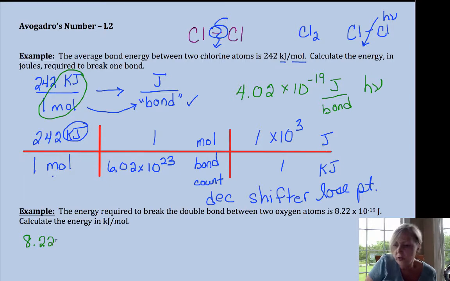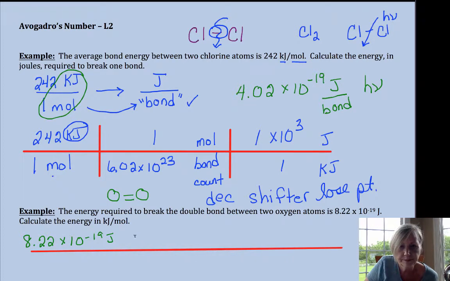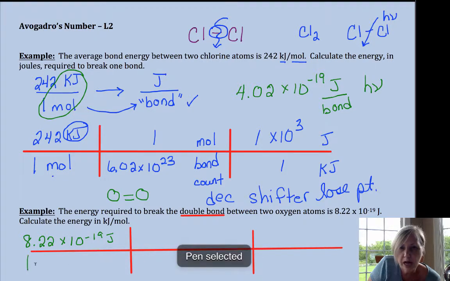Okay, now let's do another one. We're going the opposite direction this time. And we have 8.22 times 10 to the minus 19th joules. This time we're going to break a double bond between 2 oxygen atoms. And we've got to take the numerator from joules to kilojoules and the denominator, and this is again why I do it this way, because I want you to see it says the energy required to break the double bond.